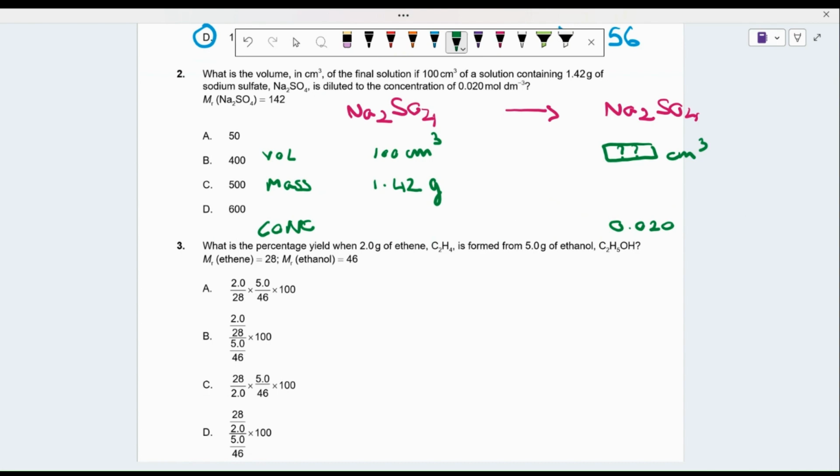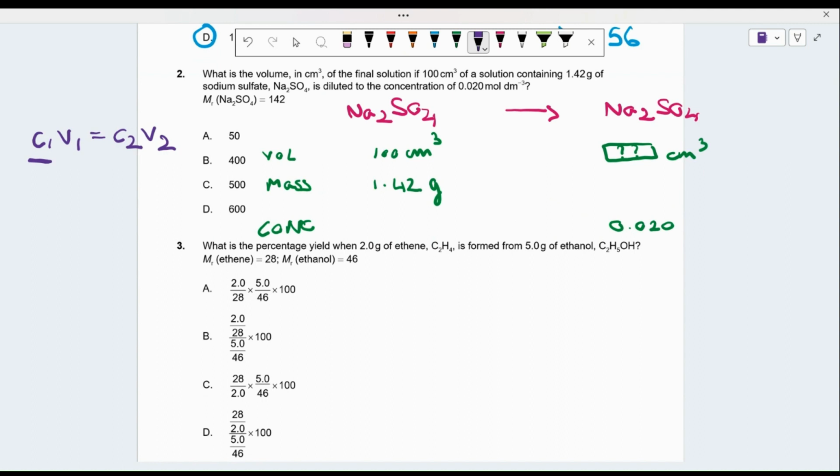So if we have volume and concentration for both beginning and end, we can use this formula: C1 V1 equals C2 V2. Now to get there, we need to work out the beginning concentration.